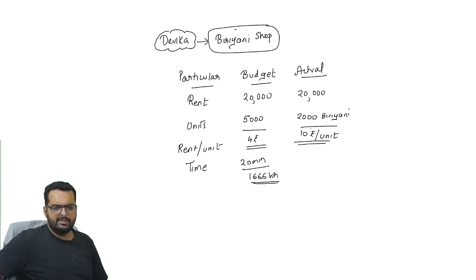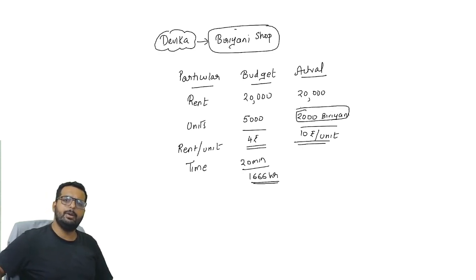Around 1,666 hours. In actual, when you made biryani, how much time did it take you to make a biryani? Now I'm talking about the actual data. So in reality, when you made 2000 biryani, did you take exactly 20 minutes? Did you take 30 minutes? Did you take 10 minutes?